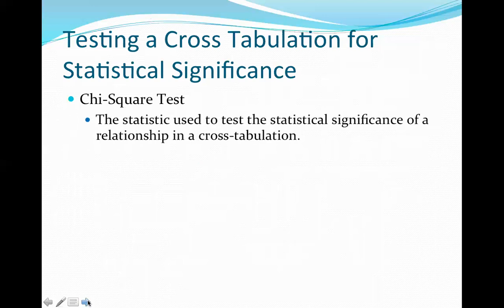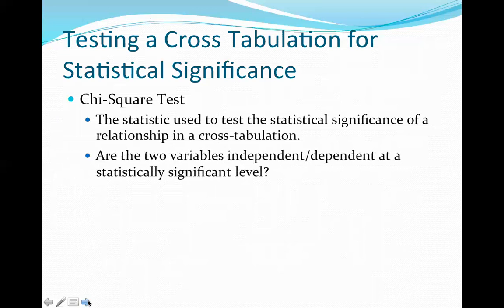So again, the statistic used to test the statistical significance of a relationship in the crosstab. So we're going to be able to say, are they statistically independent or dependent at a significant level? So of course, this is what's going to lead us to either accept or reject our null hypothesis, thinking back to last week.